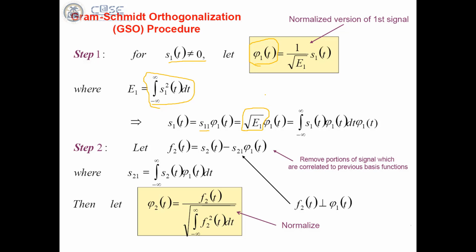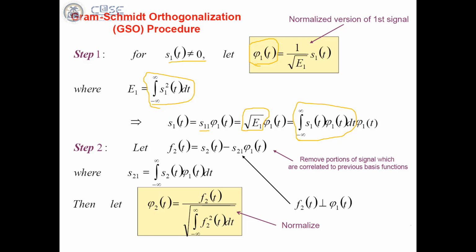These are very simple and self-explanatory mathematical steps. S11 will be calculated as under root E1 out of this operation, right? So in the first step, we have calculated the basis function very easily.